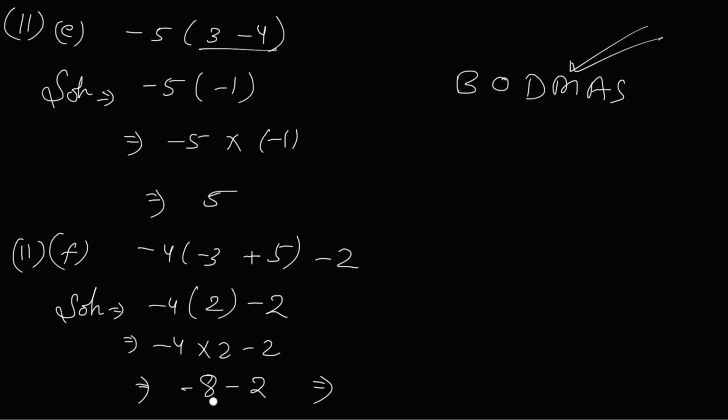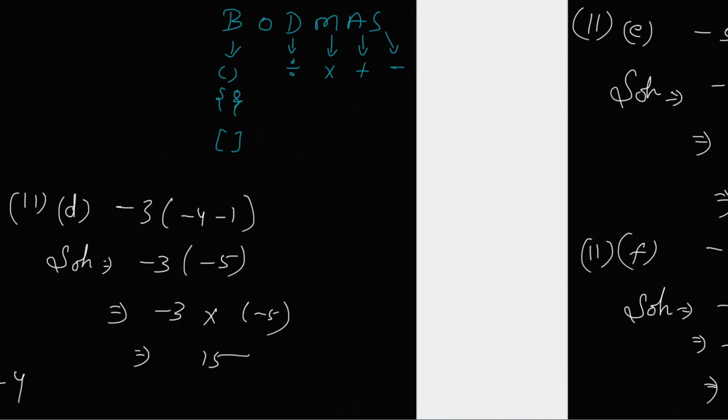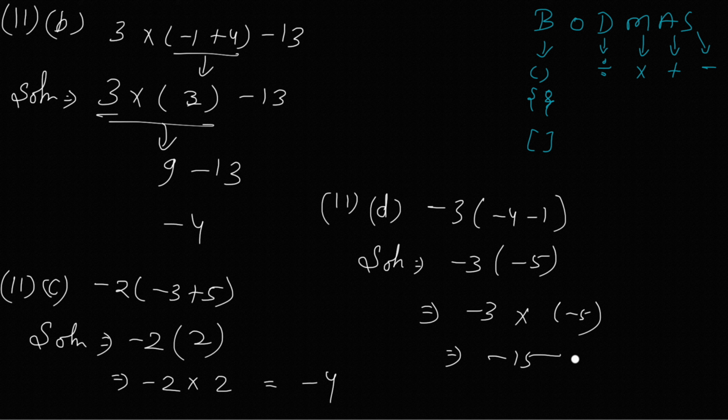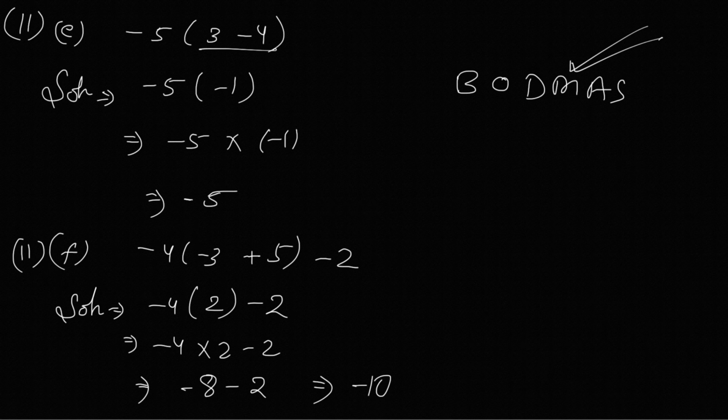So minus is plus, and 8 plus 2 is 10. There will be a negative sign. We have to write the sign of the bigger number. So this is our answer.